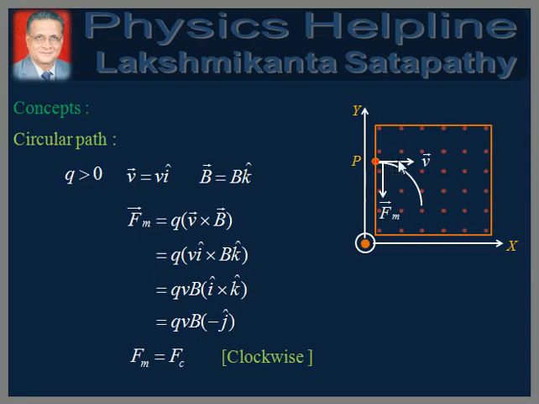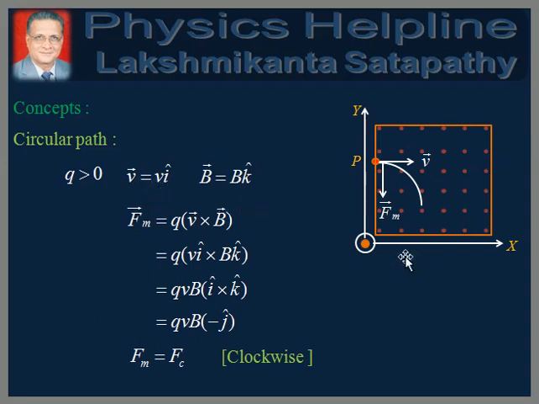with a velocity in the direction of the positive x-axis, because this happens to be the positive x direction and this is the positive y direction. And the plane of the figure is nothing but the xy plane. Therefore, the velocity of the charged particle is along the positive x direction. Therefore, we write v vector is equal to v i cap.